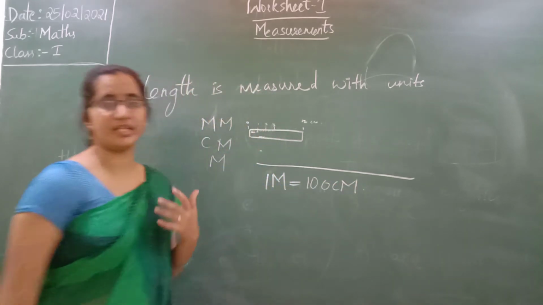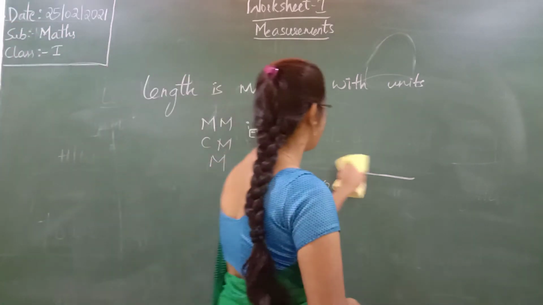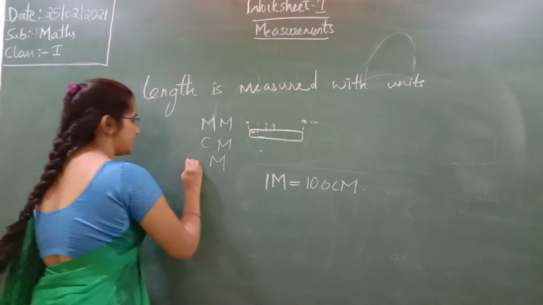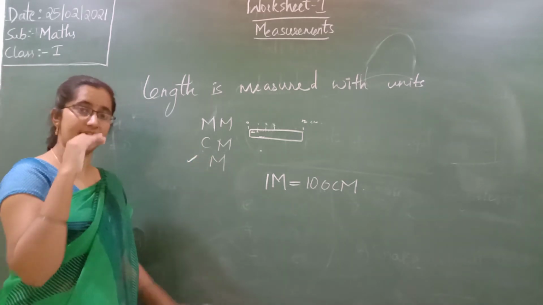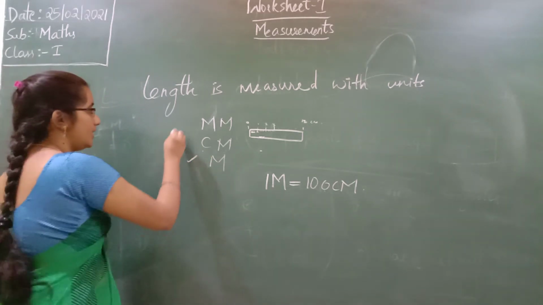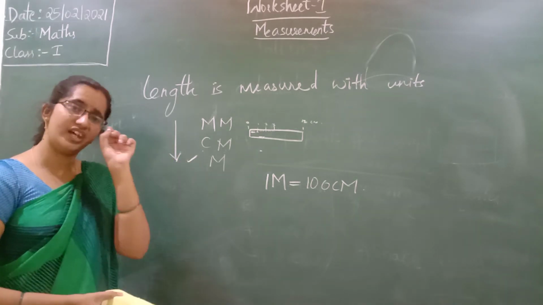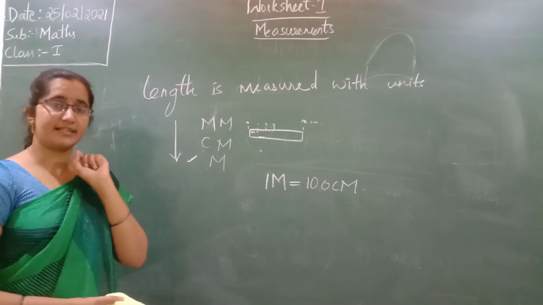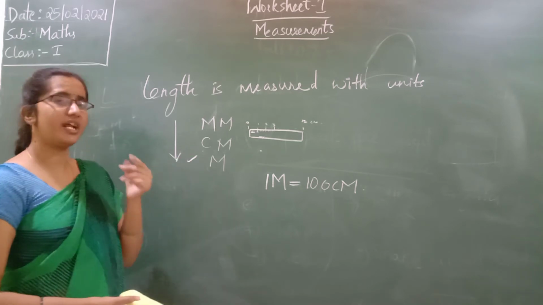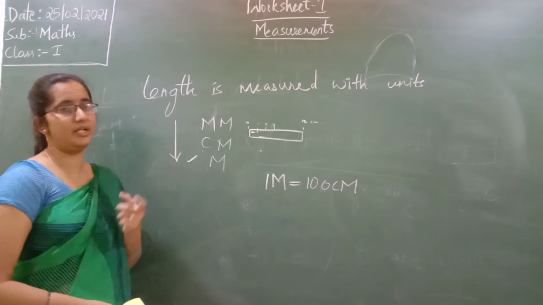So which value is more? Meters is more. Next centimeter. Next millimeter, less. Millimeter will be very tiny. Millimeter is less length. Centimeter has more than the millimeter but less than the meter.